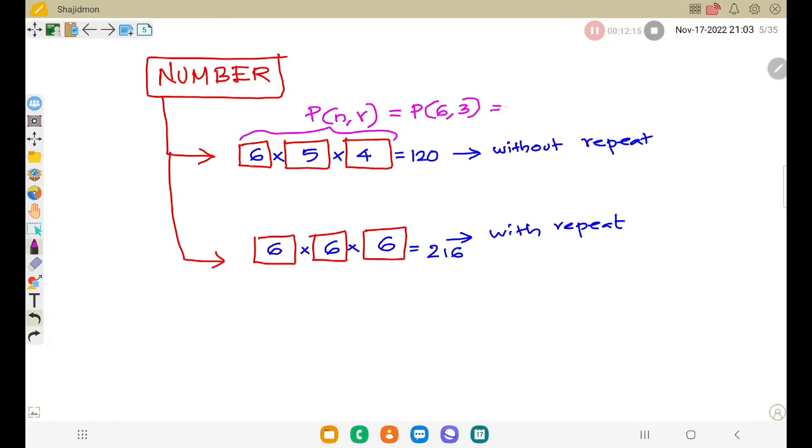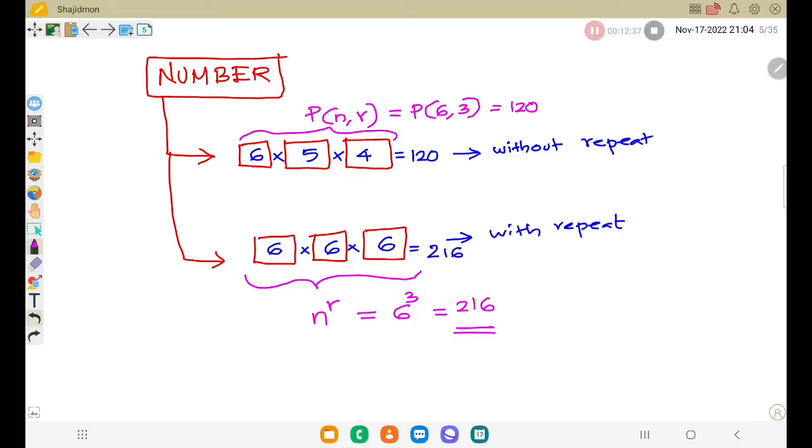So the same answer, 120 ways we can arrange, correct? Now if repetition is allowed, the rule is n power r: total letters power how many we are taking at a time. n power r means 6 power 3, so that also gives the same answer, 216.